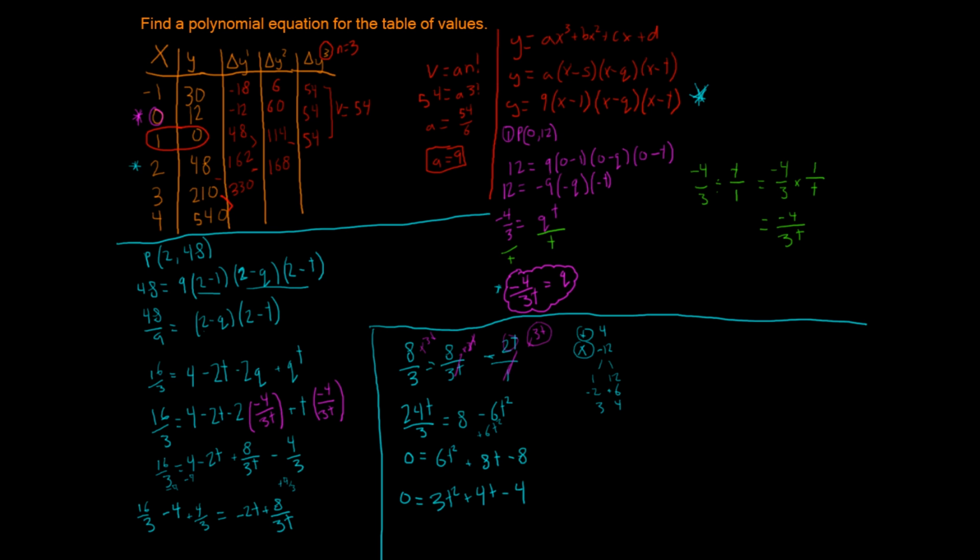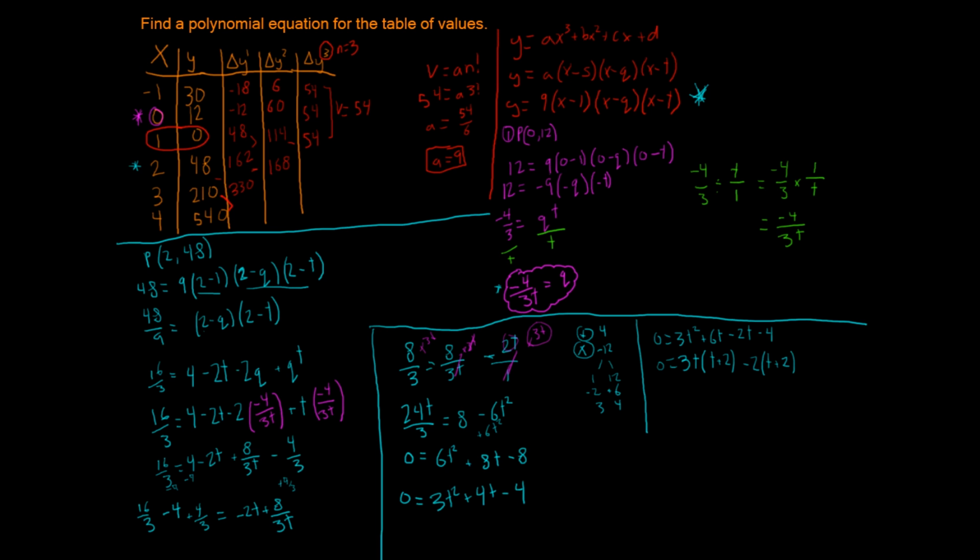So we could now do 0 will be equal to, we got 3t squared, and then we got plus 6t minus 2t minus 4. So we can do 0 equals, we can factor out a 3t from the first side, because we're grouping now, and then we'll do t plus 2, and then we can factor out a negative 2 from this side, and then we'll get t plus 2 as well.